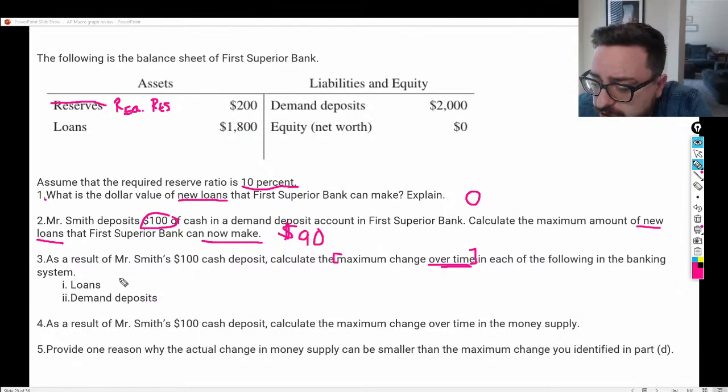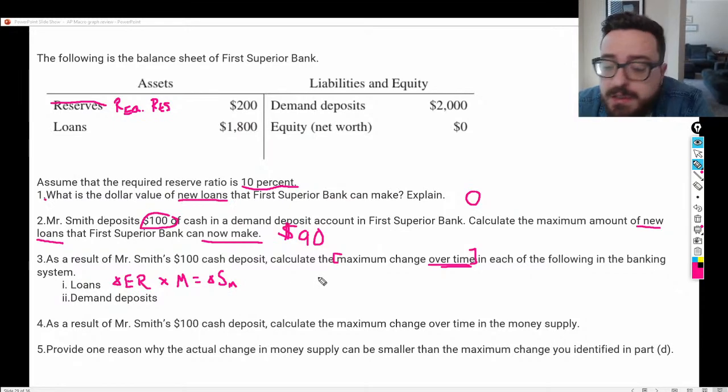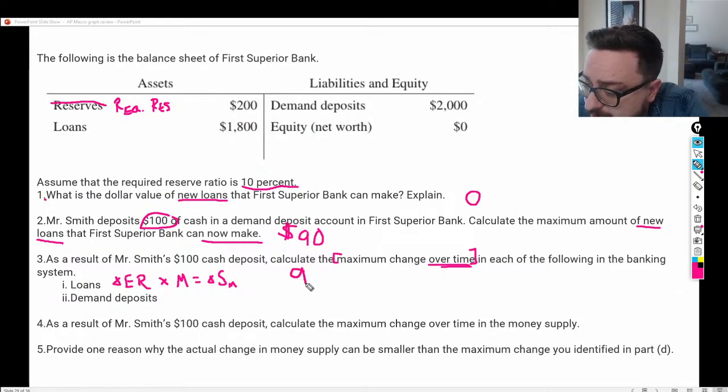The formula I'm going to use here is the change in the excess reserves multiplied by the money multiplier equals the change in, technically, the money supply, but it will also work as the change in loans. The excess reserves were 90.